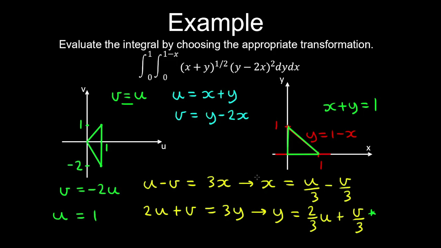And now we'll calculate the Jacobian. So the Jacobian is the determinant of the partial of x with respect to u, the partial of x with respect to v, the partial of y with respect to u, and the partial of y with respect to v.